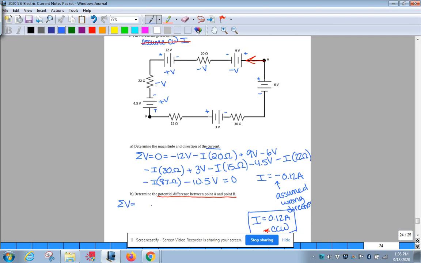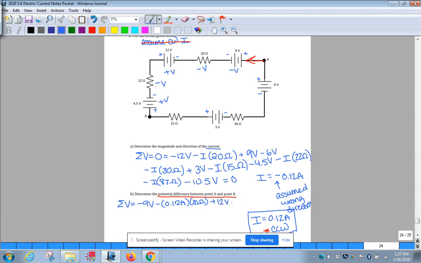All right, so following A to B, we have a negative potential of 9 volts, followed by negative, what's the current again? 0.12 amps times 20 ohms, plus 12 volts.